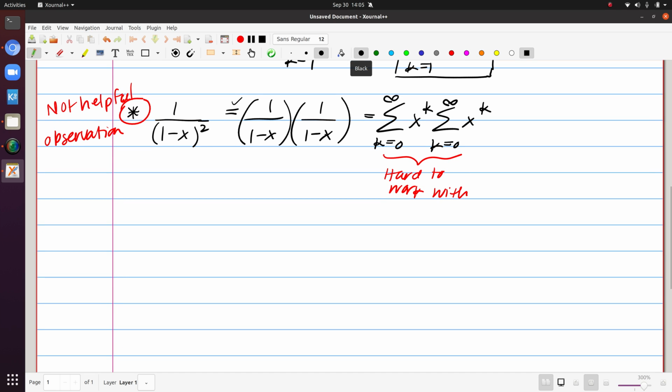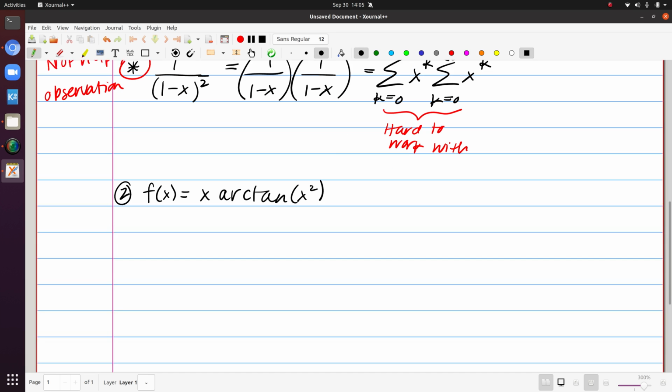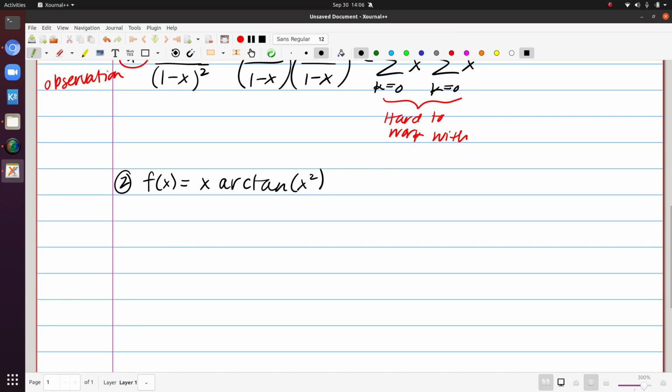Okay, another example, consider the function f of x equals x arctangent of x squared. So again, I want to think about the order here in which I want to approach this. And of course, the main thing that jumps out at me is the arctangent, because I have a Taylor series for that.